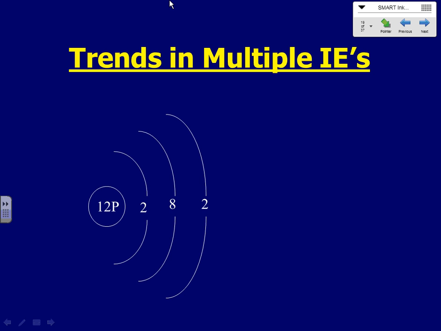That graph we just saw compared a bunch of different elements, where we plucked one away, and then we put in a new element and plucked one away so we could compare how they change when we change the elements. Now we're going to look at one element, and we're going to keep plucking electrons away. We're going to take one away, then we'll take a second one, and then a third.